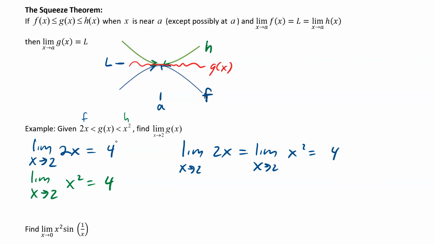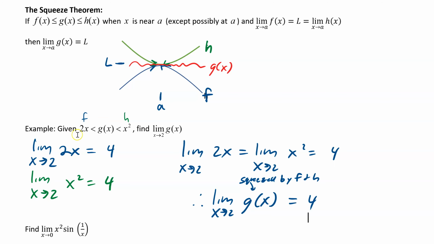You can now say, by the squeeze theorem, the limit as x approaches 2 of g of x, which has been squeezed by f and h, is also equal to 4. So if you set up an inequality, one that is always less and one that is always bigger than g within that tiny area around 2, then all you have to do is show that those two equal the same thing, and g has to approach that same value.